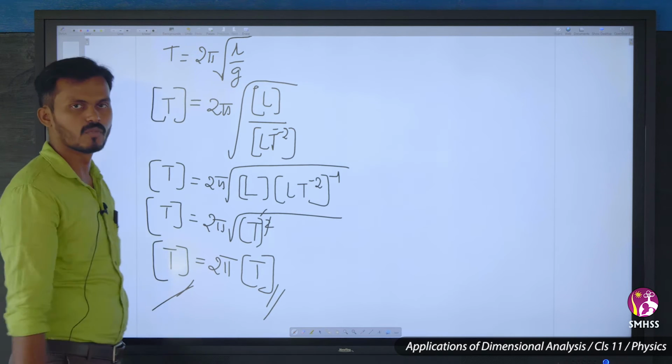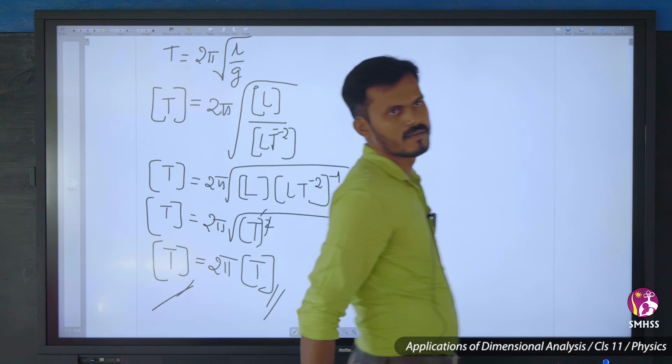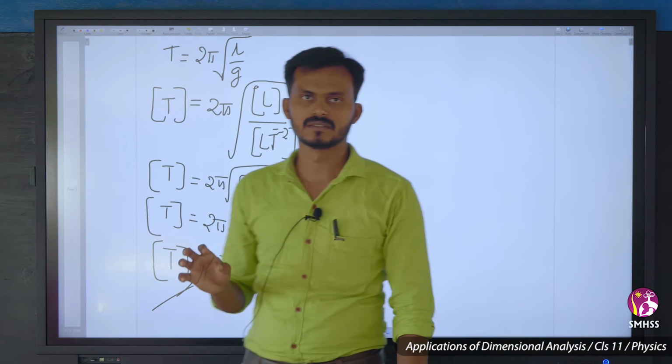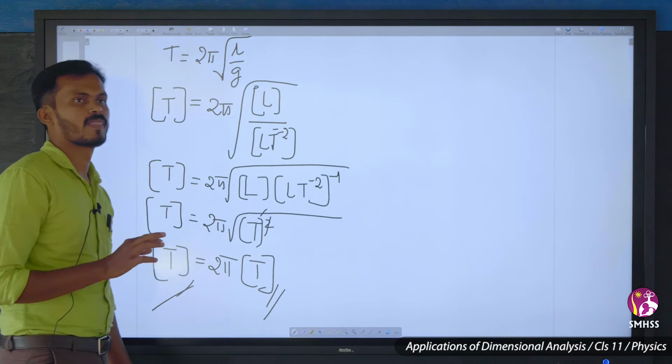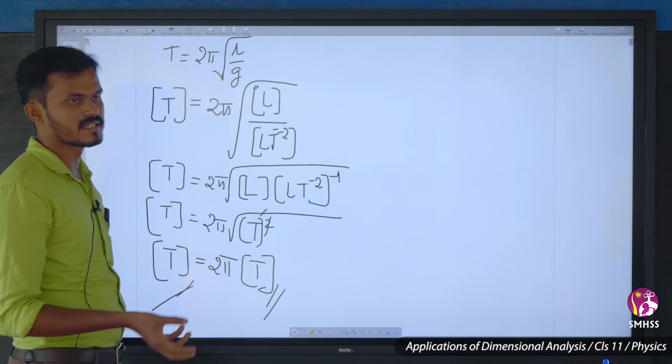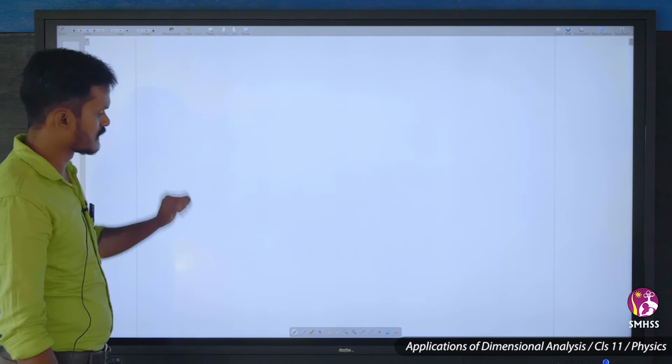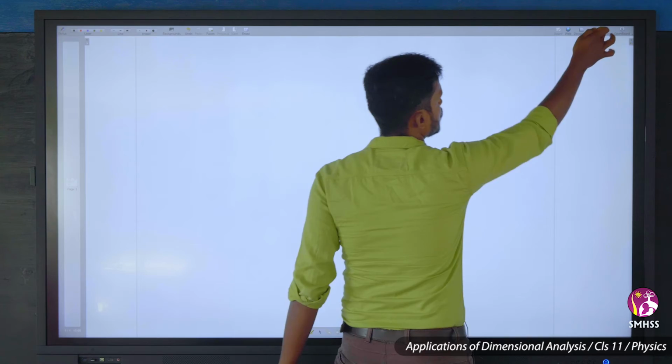So the dimensions on both the sides are the same. So our physical relation is correct. So this is one example. We have derived the relationship between those quantities. We will see another example which is given in our book and you will understand more.